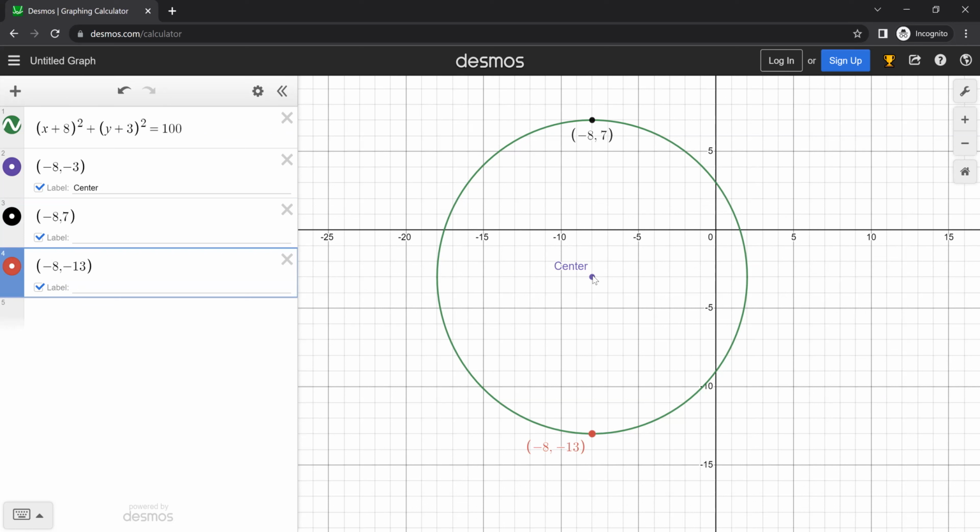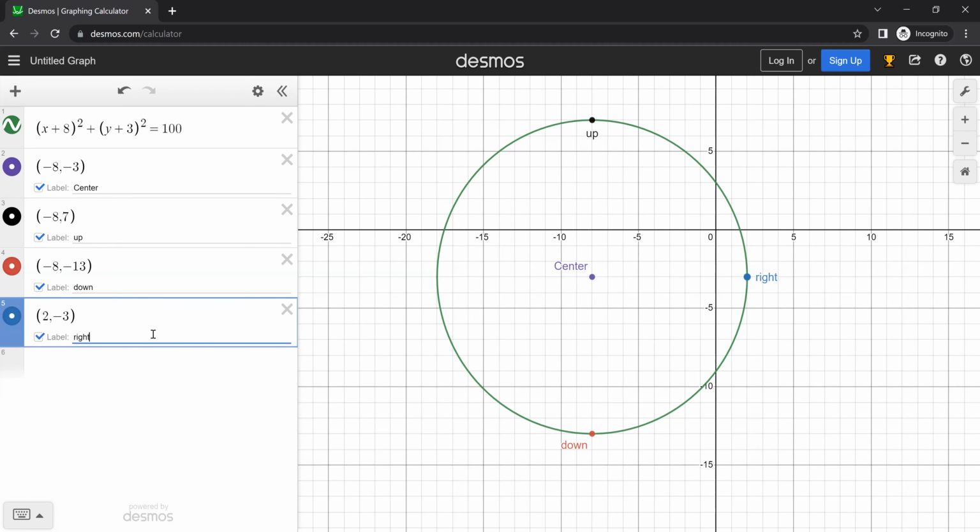You can also go from the center and go to the right. Okay. So this first one, we went up. Second one, we went down. Now we're going to go to the right from the center. So that's 2, -3. Do you see how this point over here is to the right of the center? Okay. And it's on the circle.